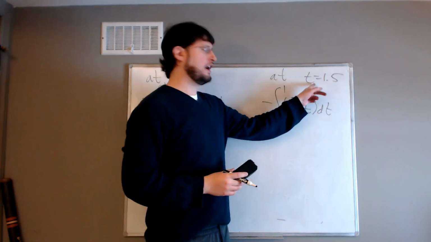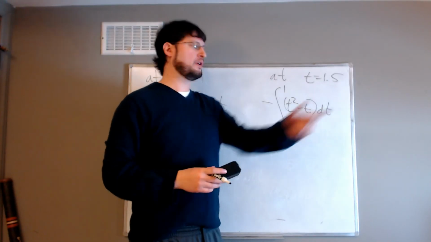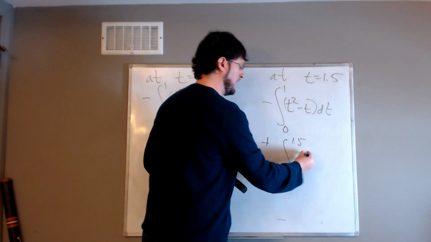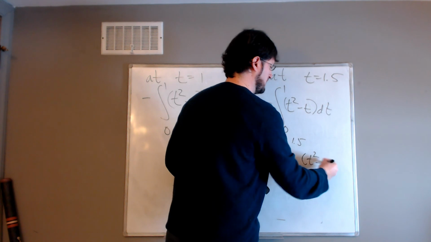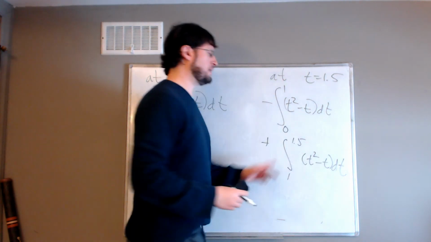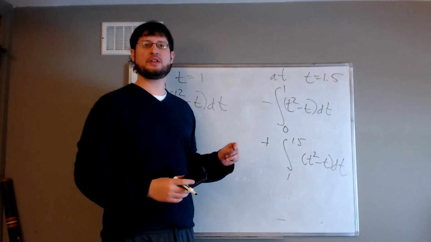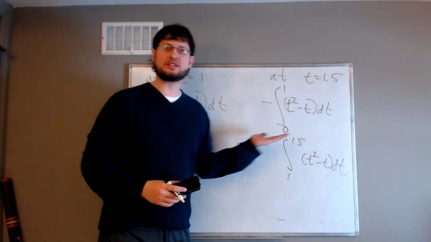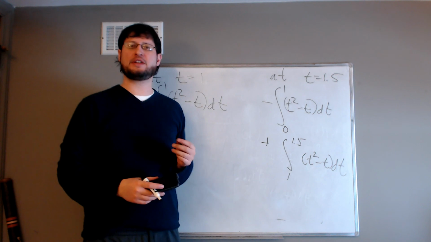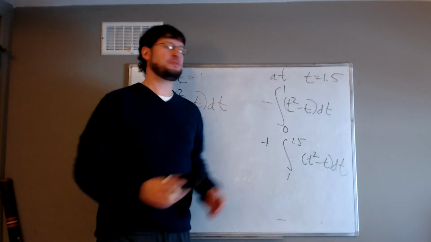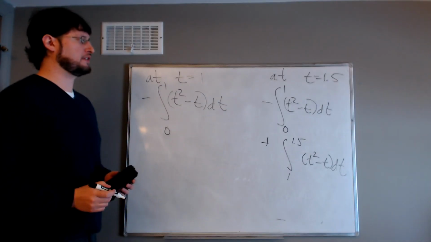And then I need to talk about what happens from 1 to 1.5. So then I need to add the integral from 1 to 1.5 of t squared minus t. This is already positive because the velocity is positive across that region. So when we talk about distance, sometimes we need to break it up into different pieces: the pieces on which the velocity is negative, and the pieces on which the velocity is positive.